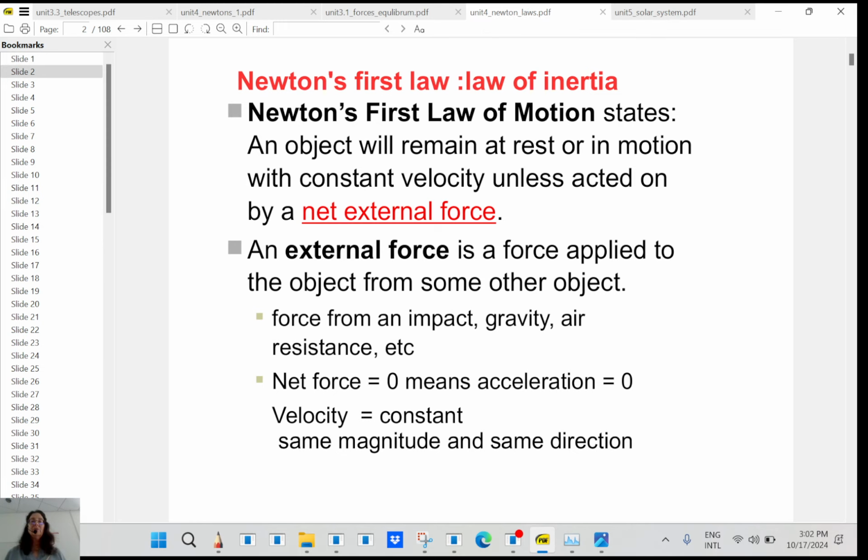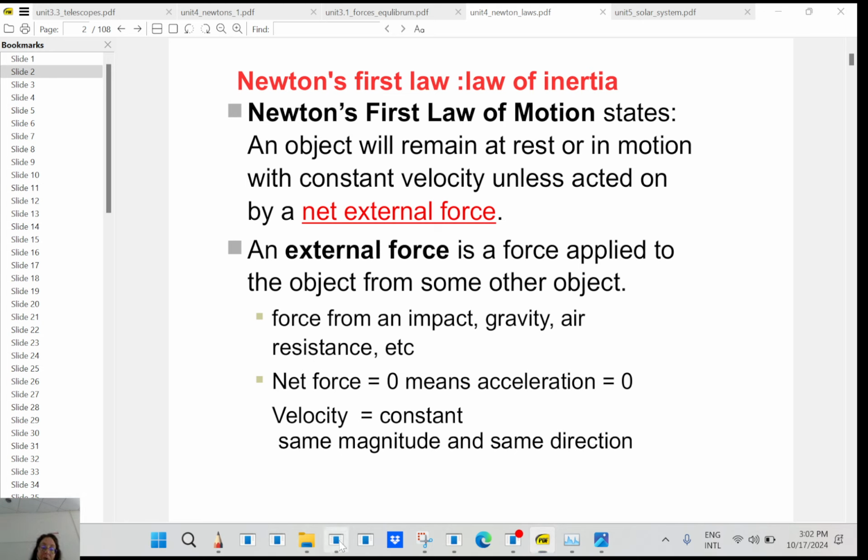The first law says that if there is no force acting on the system, it will keep going at the same speed forever, or it will be at rest. An object at rest wants to stay at rest. An object in motion wants to stay in motion.